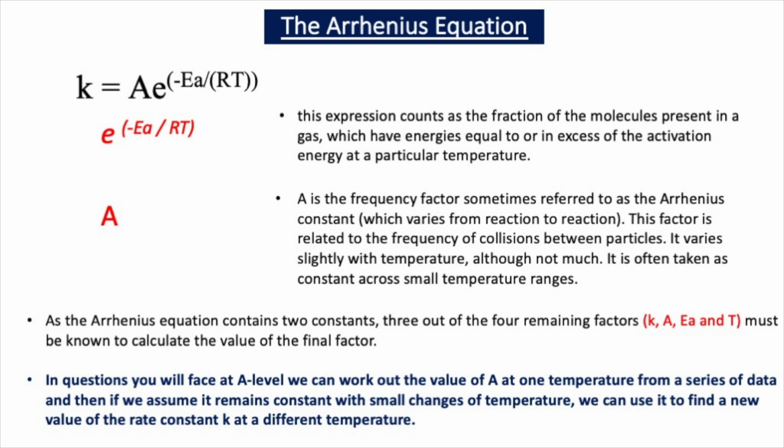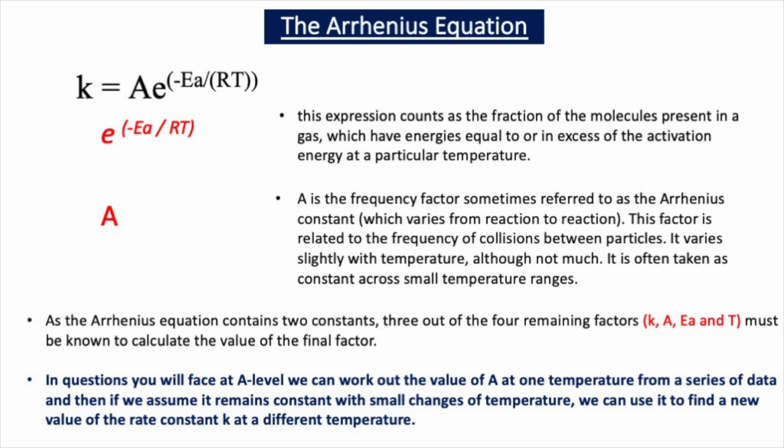For example, the e to the minus EA over RT counts as the fraction of molecules present in a gas which have energies equal to or in excess of the activation energy at a particular temperature. And the term A is the frequency factor, sometimes referred to as the Arrhenius constant or the pre-exponential factor, and this is related to the frequency of collisions between particles.